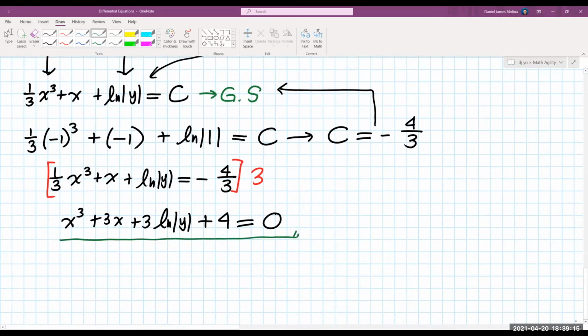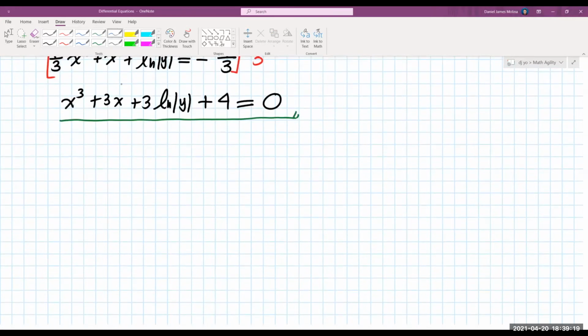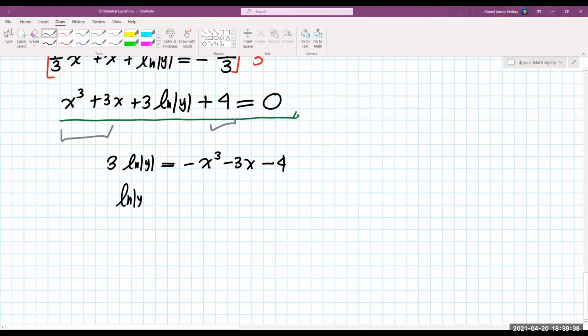But if you want to solve for y, then we can transpose the three terms here, x cubed, 3x, and 4 to the right hand side. We have 3 natural log of the absolute value of y that is equal to -x cubed minus 3x minus 4. So we have to divide it by 3.